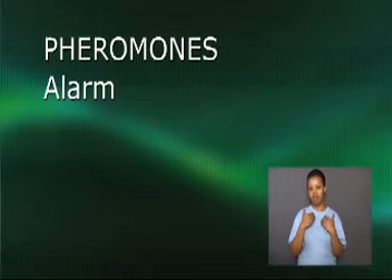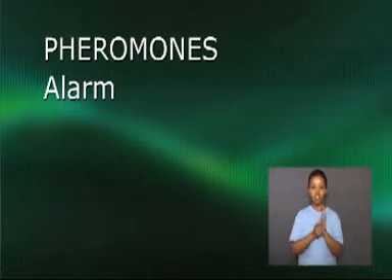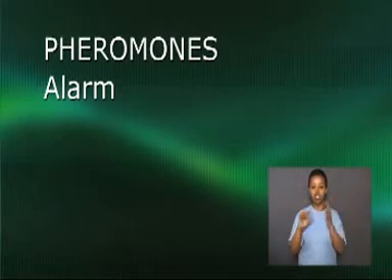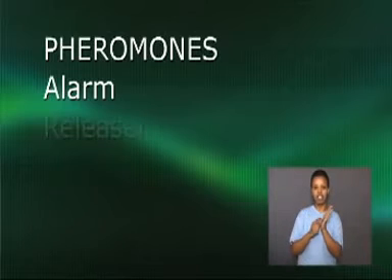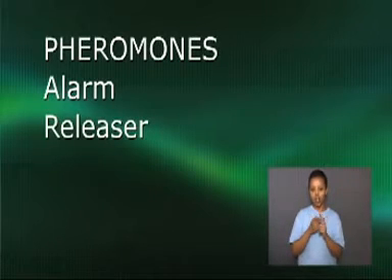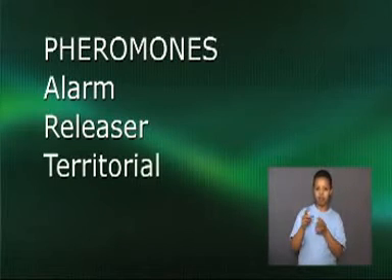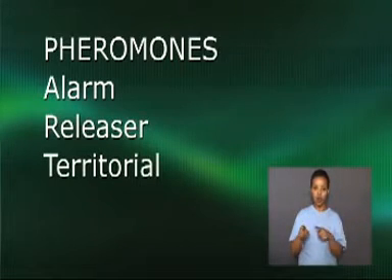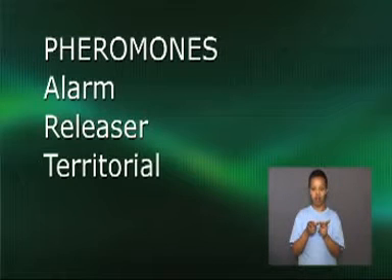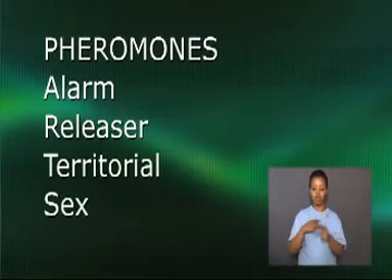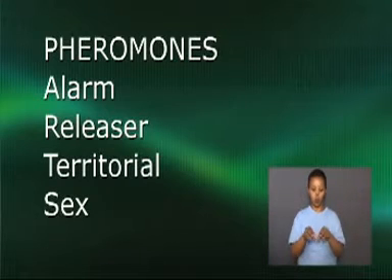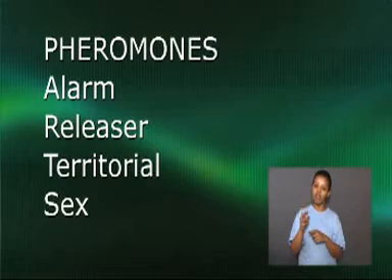They produce the response of flight or aggression by others of that same species. Releaser pheromones can attract a mate from a distance of 2 miles or more. Territorial pheromones are used to mark the boundaries of a species' territory. Sex pheromones are produced in the female to signal that she is ready and available for mating.